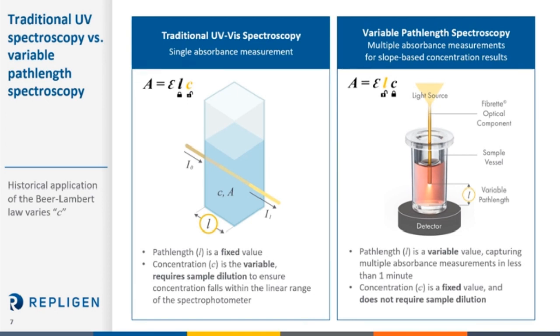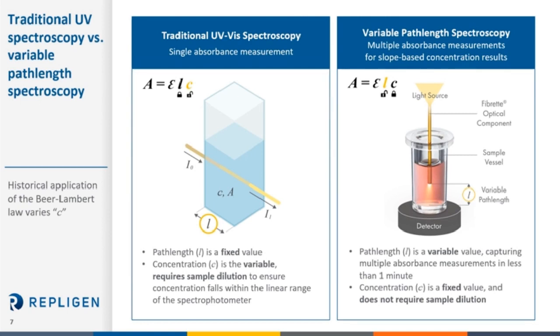Introducing dilution error in limited ranges of spectrophotometers make it very problematic to define this as a platform method for most industries using to leverage any form of UV technology for concentration determination. The amount of time, the amount of error associated with dilution doesn't necessarily make for a robust measurement.